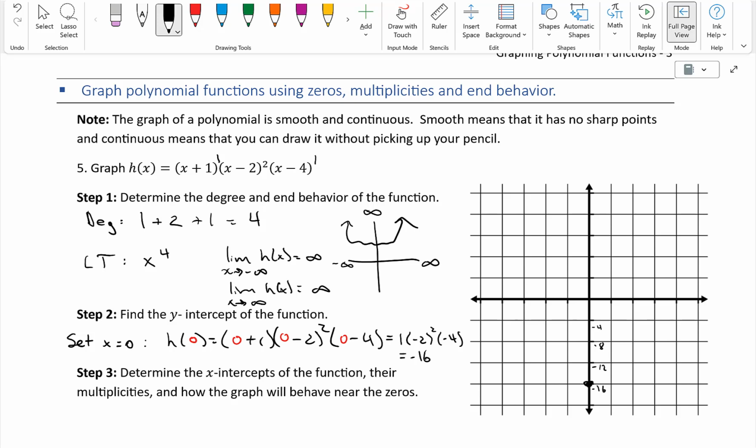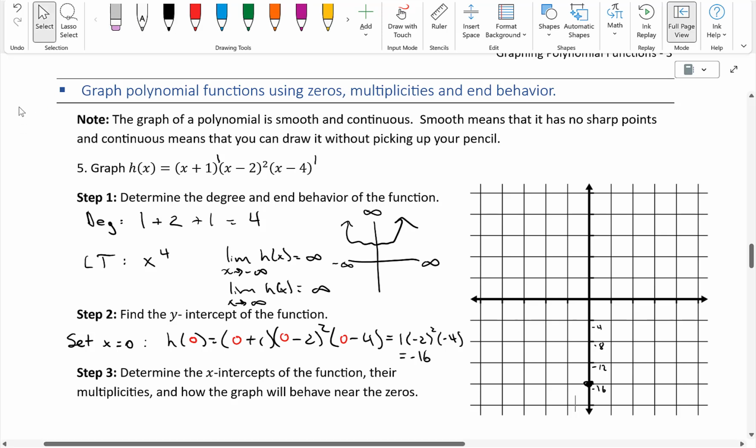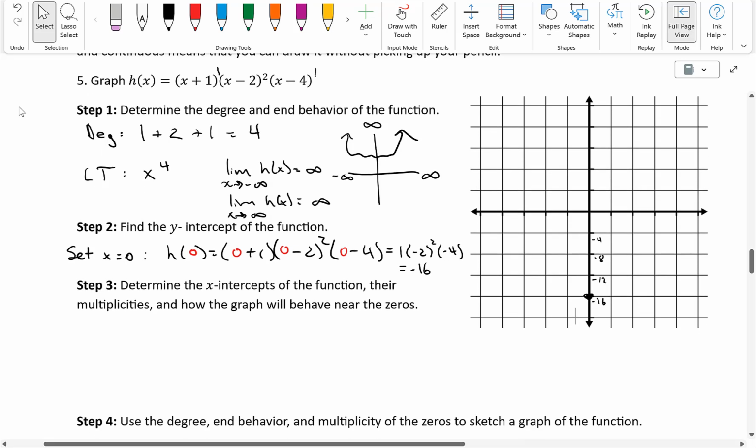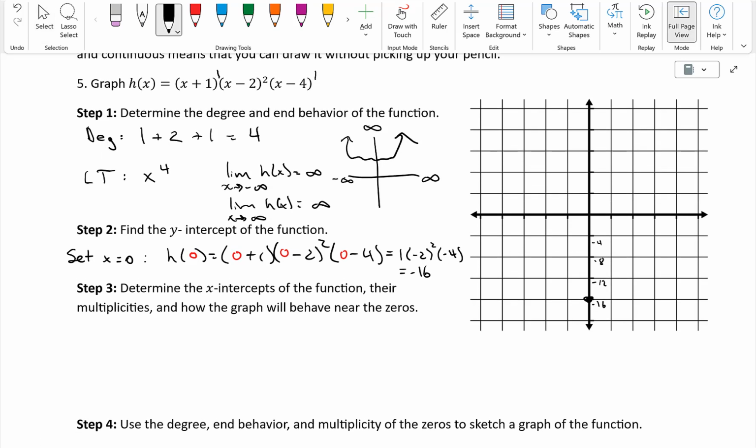Now I want to do what we were just practicing, determine the x-intercepts of the function, their multiplicities, and how the graph will behave near the zeros. So we'll keep it so we can see the whole function. Our zeros, multiplicities, and behaviors. Our zeros are at negative 1, 2, and 4, with multiplicities of 1, 2, and 1, respectively, which means our graph is going to cross, touch, and cross.